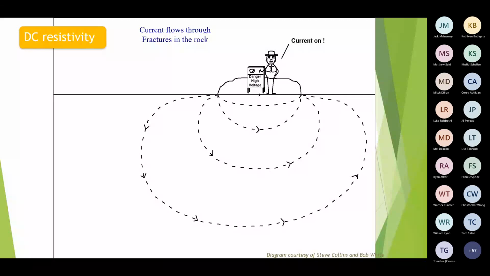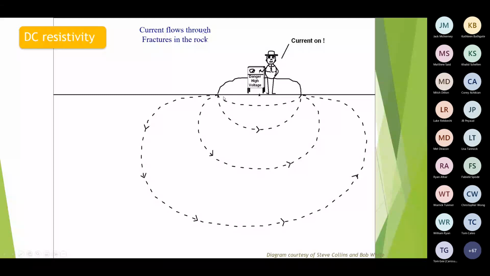Those electrodes are basically lumps of metal that we bury in the ground so the electricity can actually make it from the transmitter into the ground. The electricity doesn't follow a straight path. It spreads out through the ground in this sort of fashion, the way these arrows are drawn. Then we measure, using the world's most expensive multimeter, the resistance and the voltage between these two electrodes.